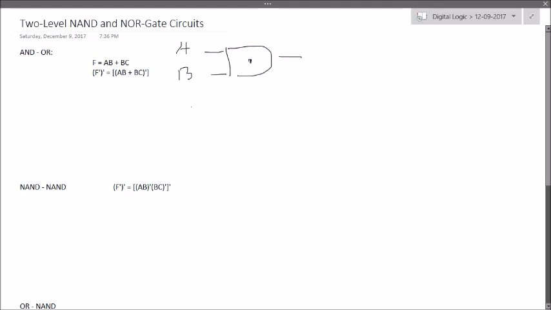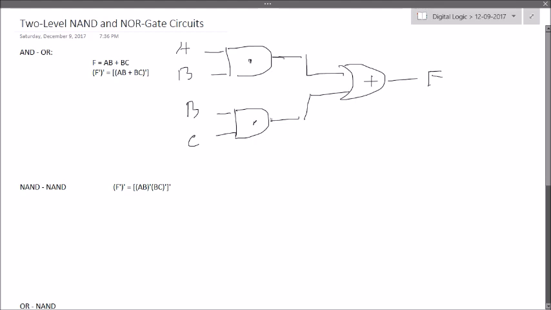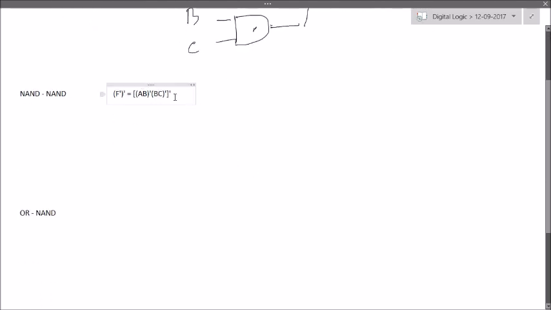And then B times C, another NAND gate. And then they both connect to the OR gate. Right? And the second circuit, a NAND circuit, looks like this.